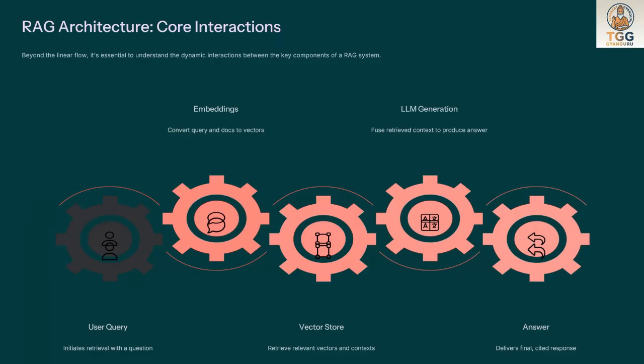So now let's talk about the RAG architecture. The process starts with converting both the user's query and document text chunks into embeddings using a specialized model. The retrieval module searches for the most relevant chunks based on the query embedding.